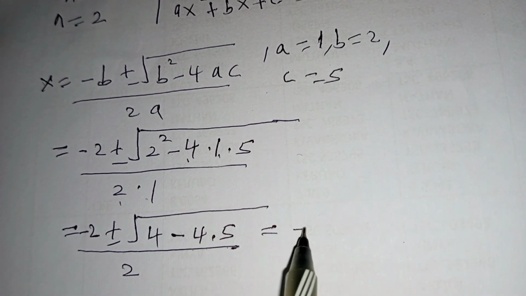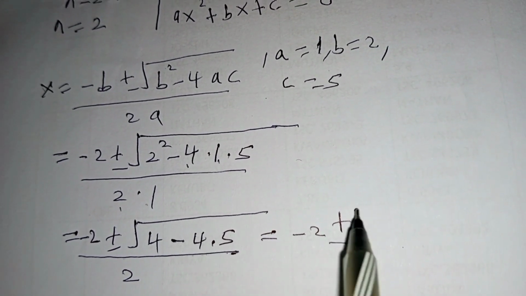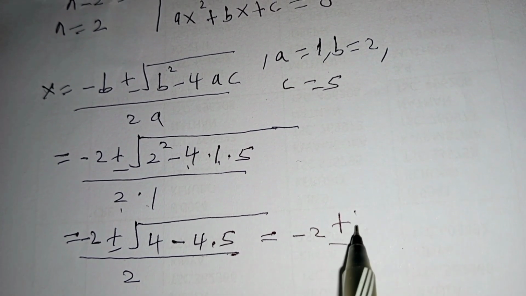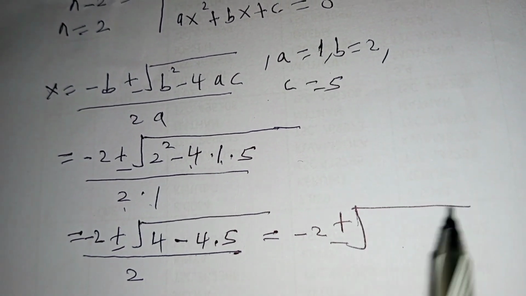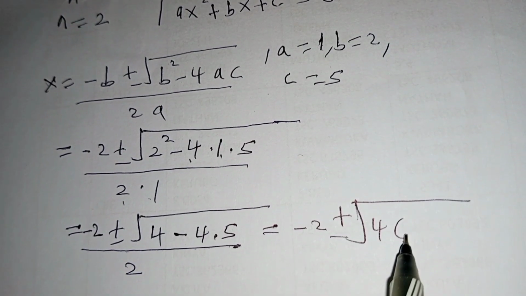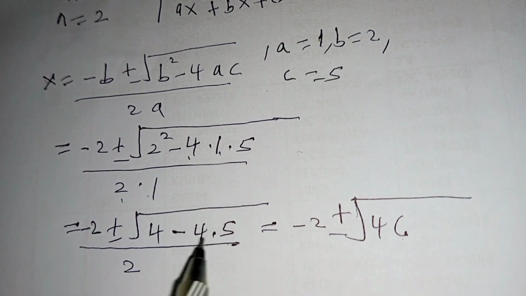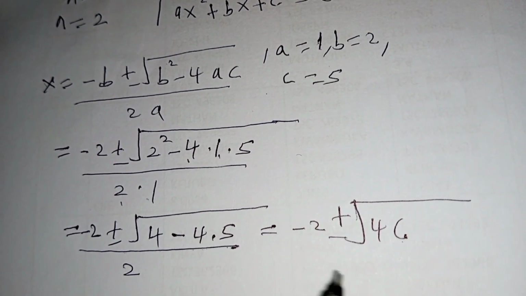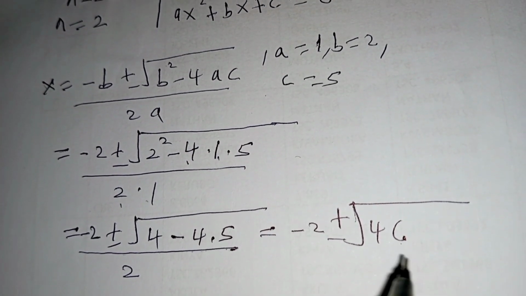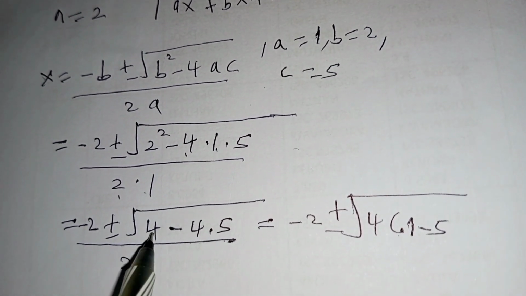This is equal to negative 2 plus or minus the square root of 4 into bracket. You can factorize 4 here, and when you factorize 4, you shall be left with 1 minus 5. Where you have 4, you will be left with the 1.